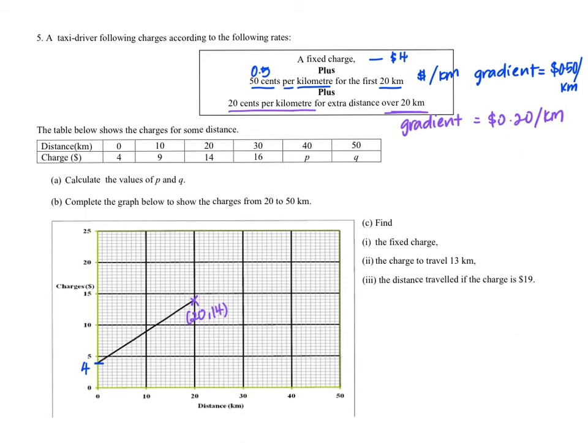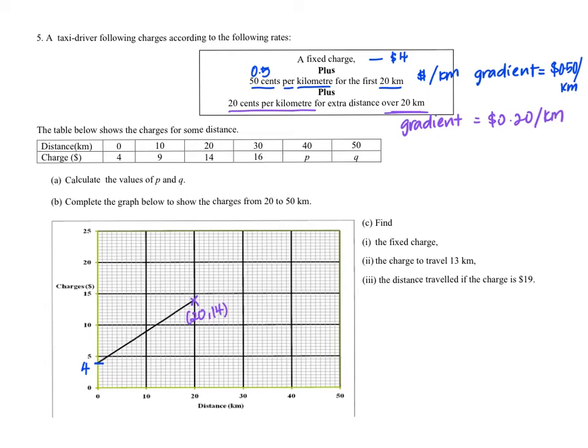So let's try to use this data and plug in to find the values of P and Q. So the fixed charge, when the distance is 0, is $4. And then after that, 10 kilometers I travel, 50 cents times 10, so $5 increase. But you notice after the 20 kilometer mark, this does not increase by $5, it increases by $2.